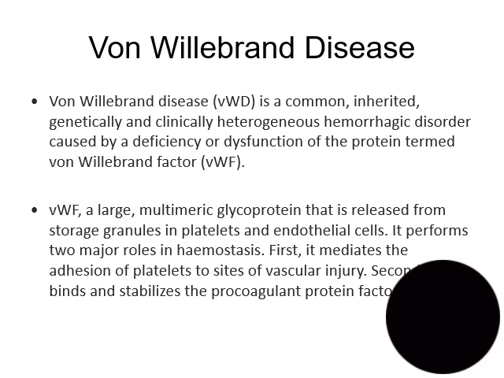Type 3, the last type, is very rare, it's autosomal recessive, and is associated with a very severe deficiency of the factor. So it's again a quantitative deficiency like in type 1, but it differs in the pattern of inheritance.